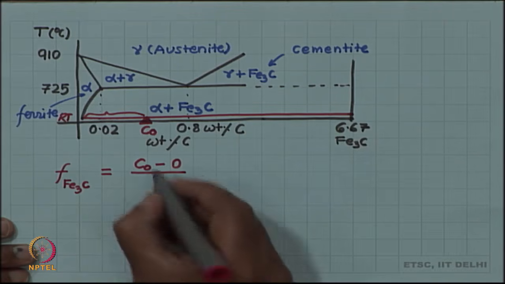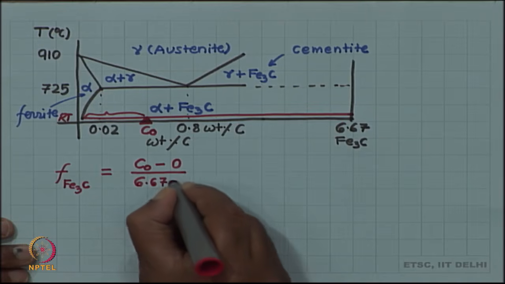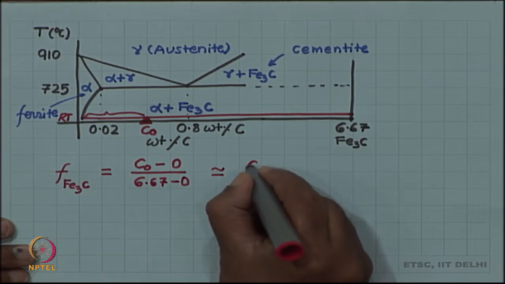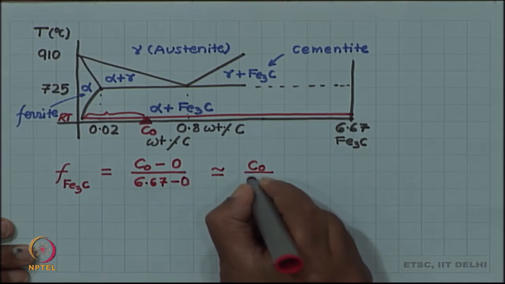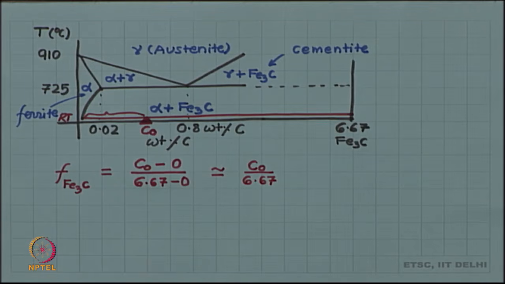The overall arm is 6.67 minus 0. So, approximately the fraction of Fe3C is simply C naught by 6.67. So, it is directly proportional to the carbon concentration.